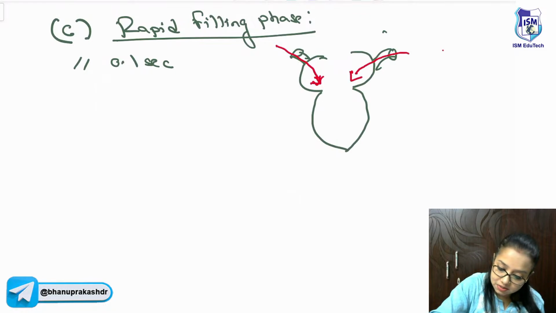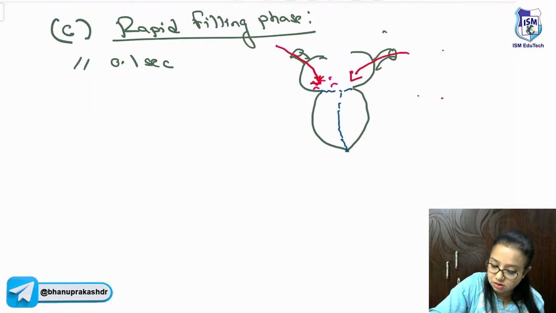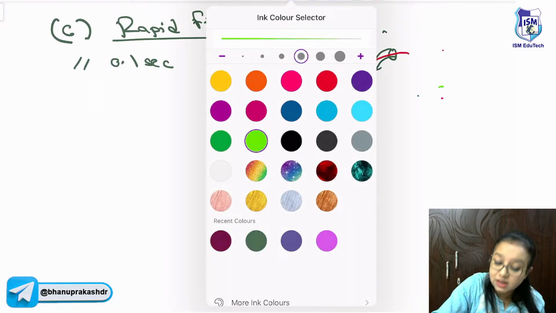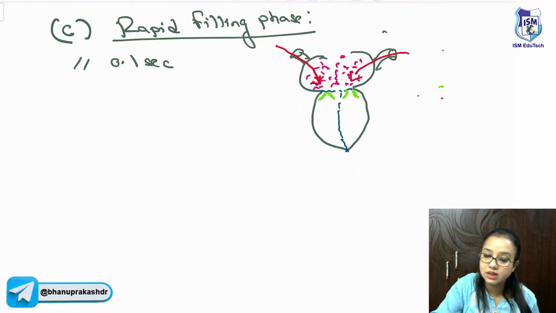So the atria are getting filled. Now a time comes that both the atria are totally loaded with blood. Okay, they are full with blood. Once they are full, they will exert a pressure on the AV valves, and the AV valves on either side will open, without any contraction of the atria or contraction of the ventricle.